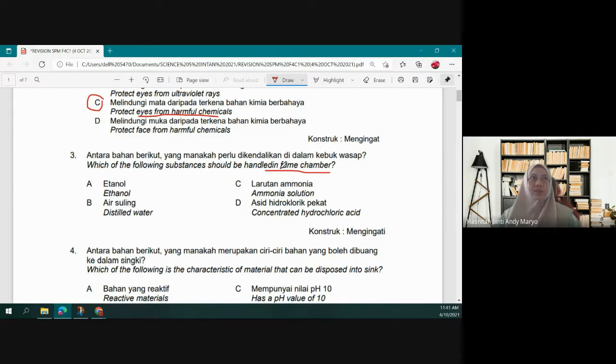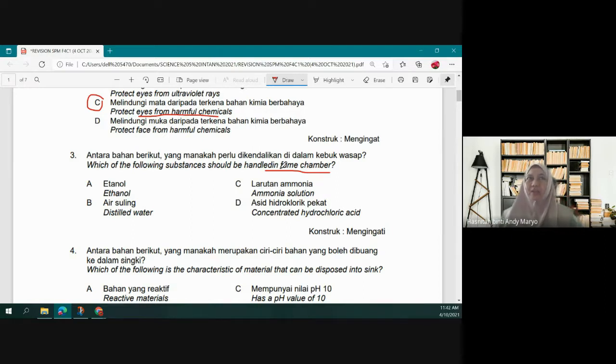So students, if you notice, in a science lab, we have one part at the back of the lab, which is called a fume chamber. So it has an exhaust fan. This chamber is used to carry out experiments where the substance releases toxic gases. So toxic gases, for example, ammonia gas, chlorine gas, or bromine gas.